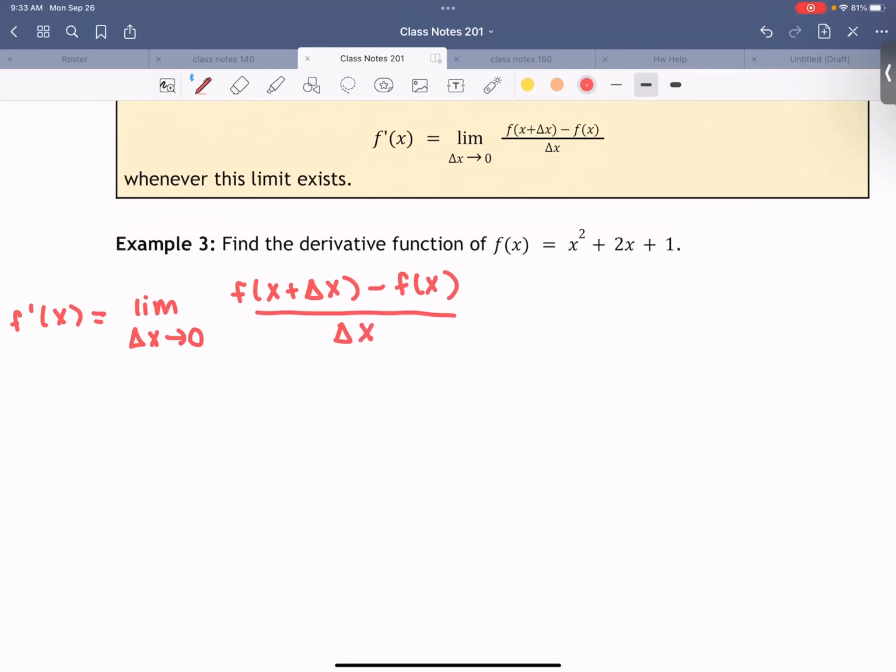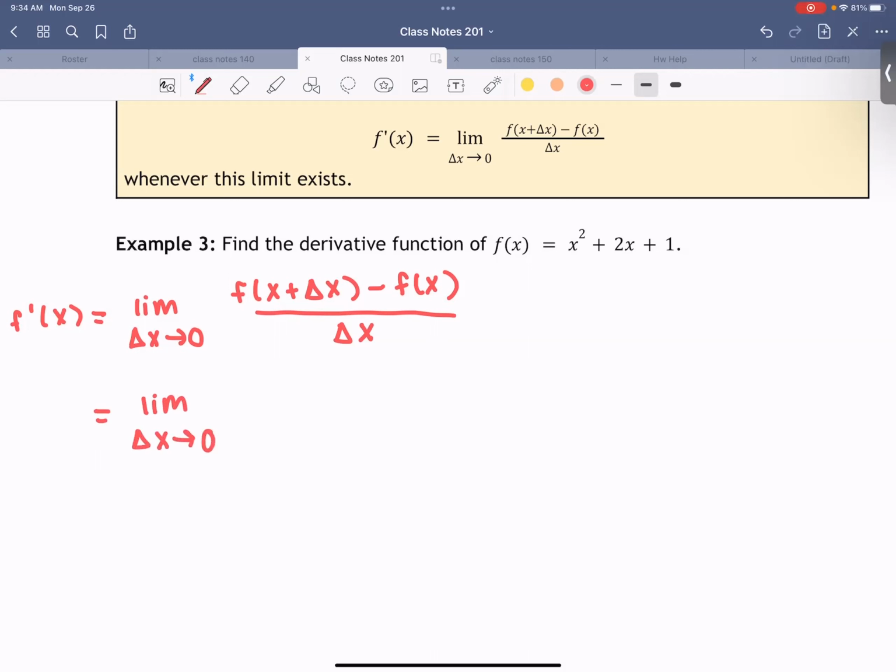Here's where it gets a little bit more fun because we have x's and we have delta x's. X and delta x are different variables, so we can't combine them or mix them together. All right, let's go through this.